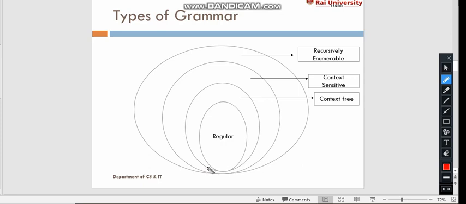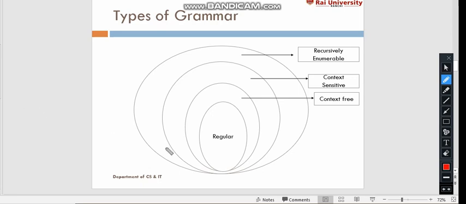Now the next circle represents the context-free grammar, and the context-free grammar also contains the regular grammar. Regular grammar contains only its own representation, but a context-free grammar can contain regular grammar, or it may have its own representation, that is context-free grammar. And the language generated by the context-free grammar is context-free language.